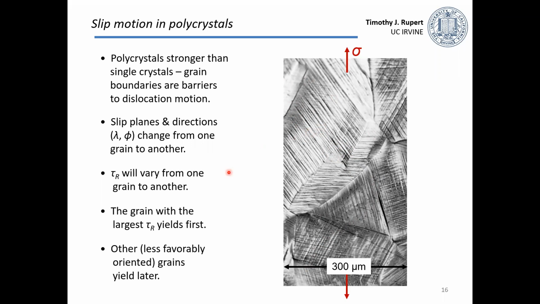So the resolved shear stress in these different grains, when I load it in this tensile orientation, is going to be different. That means grains are going to start yielding at different values of applied stress. The grain that is oriented with the largest resolved stress, we said that might be at an angle of 45 degrees, so it might be this grain right here, is going to be the one that yields first.